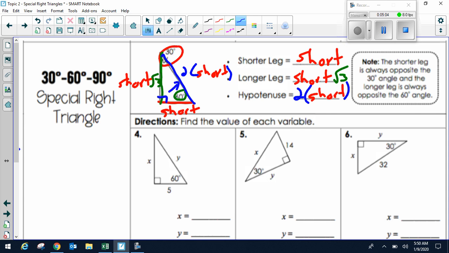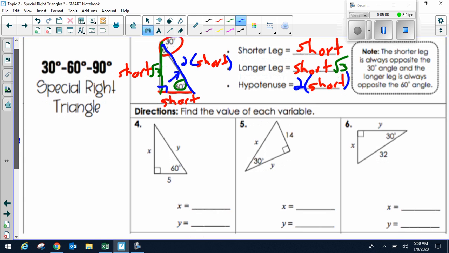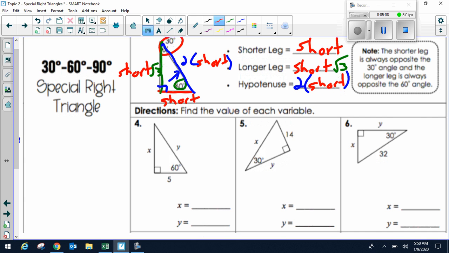Let's go ahead and do some examples. Again, identify your triangle, which we already have. Then identify what they give me. In this case, they give me the side that is opposite the 30-degree angle, so this is my short leg. To find the longer leg, which is opposite the 60-degree angle, according to my rule, it's the short leg times the square root of 3.